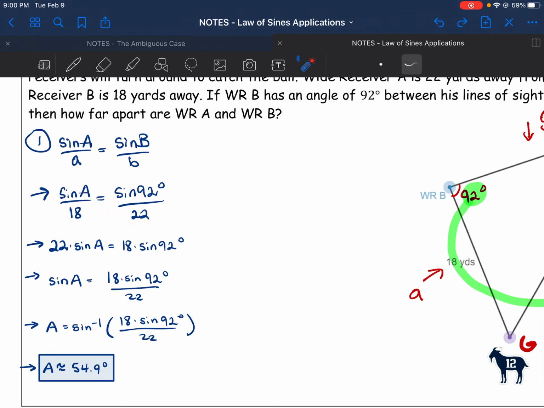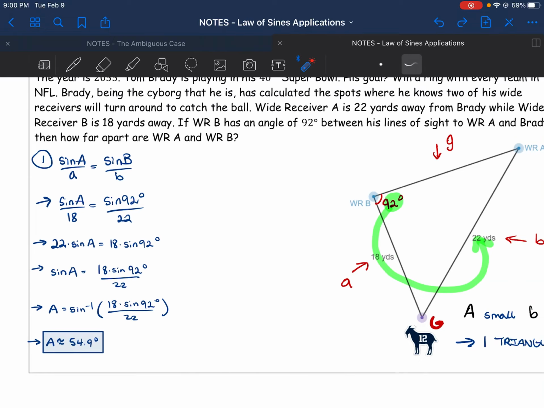We get 22 times the sine of angle A equals 18 times the sine of 92 degrees. And then, of course, we will divide both sides by 22. And since we're trying to get angle A, we're going to have to get rid of this sine right here by taking the inverse sine on both sides. Plug that into a calculator, and you get that angle A is about 54.9 degrees.